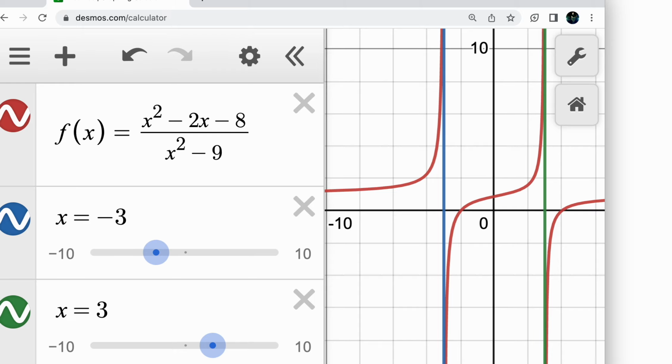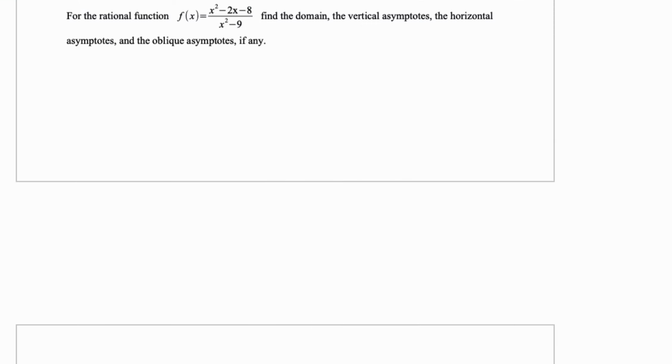However, even though the graph method shows that there's likely an asymptote at -3 and 3, we should analyze the actual formula mathematically to see if that's definitely the case. So the way we do this is to try and reduce the fraction to its simplest form, seeing if there's any common factors in the numerator and denominator.